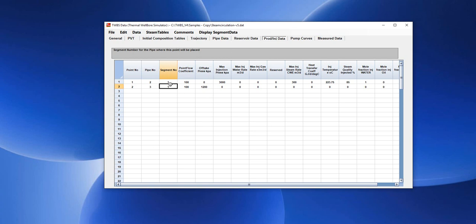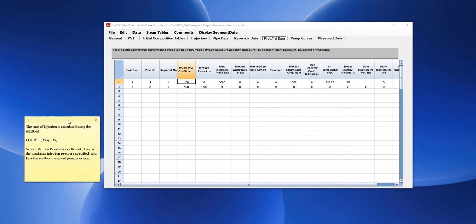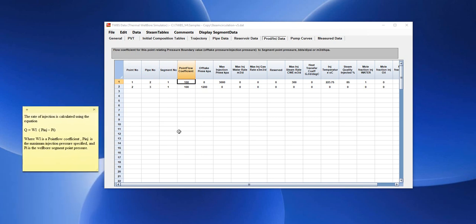So for each point, we have a point flow coefficient. If I were to bring up the formula for calculating the rate into each point, we have this formula. The rate of injection is calculated using this point flow coefficient, the WI, and the injection pressure, so we're going to specify an injection pressure here.